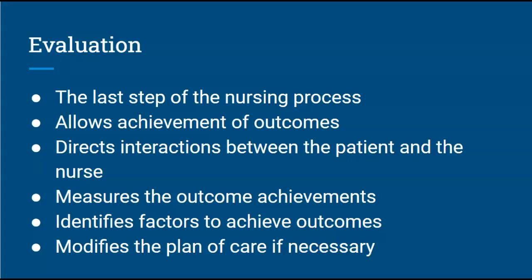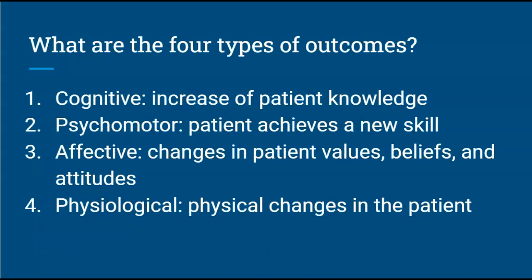In previous steps, we learned about 3 different types of outcomes. We are adding one more outcome to our evaluation step, and we will discuss that in the next slide. All right, so we do remember the first 3 outcomes that we talked about. So cognitive is one that increases the knowledge of the patient.